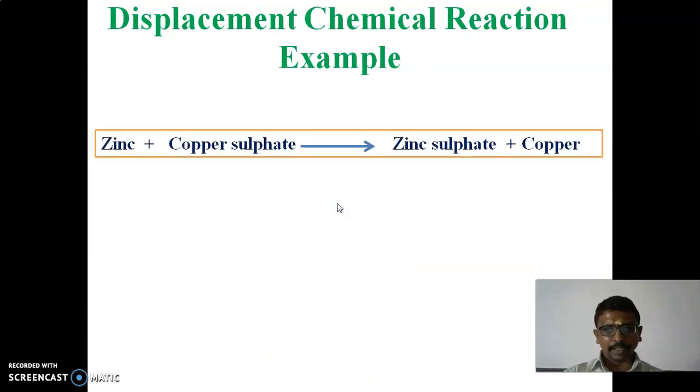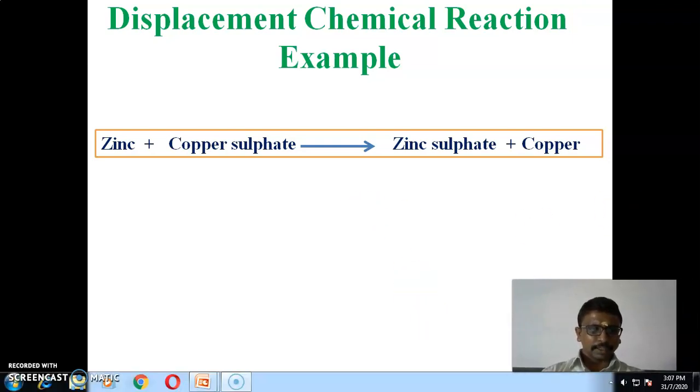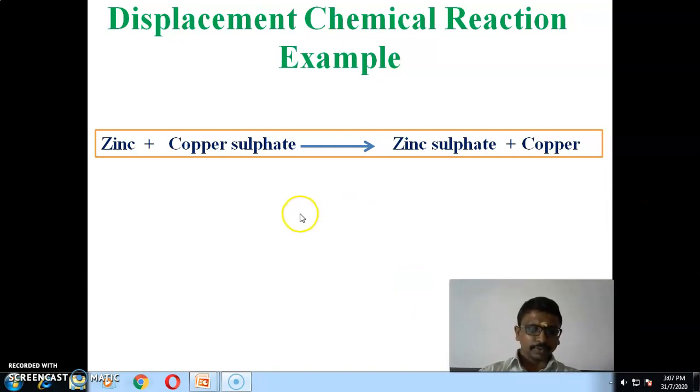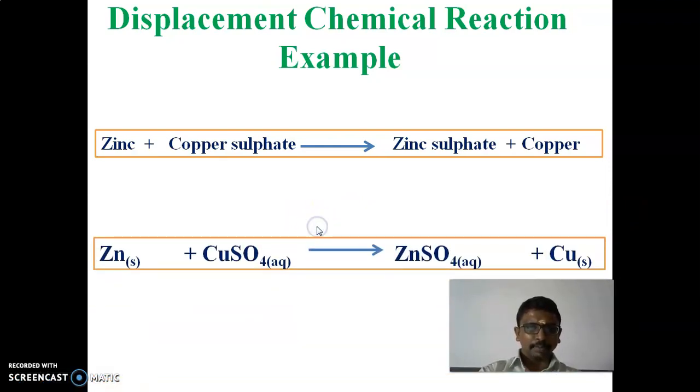And the next example is zinc plus copper sulfate gives zinc sulfate plus copper. The formula for zinc is Zn, and the formula for copper sulfate is CuSO4, and the formula for zinc sulfate is ZnSO4, and the formula for copper is Cu.